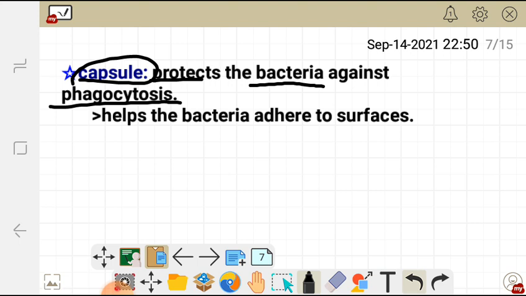In the human body there are phagocytes, and a phagocyte engulfs bacteria, so the capsule protects the bacteria against phagocytosis. It also helps the bacteria adhere to surfaces, that is, the attachment of the bacteria to other surfaces.